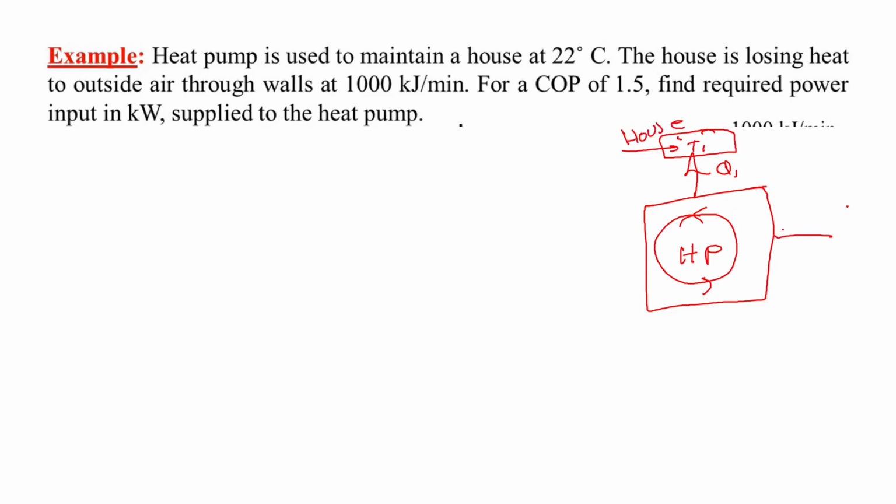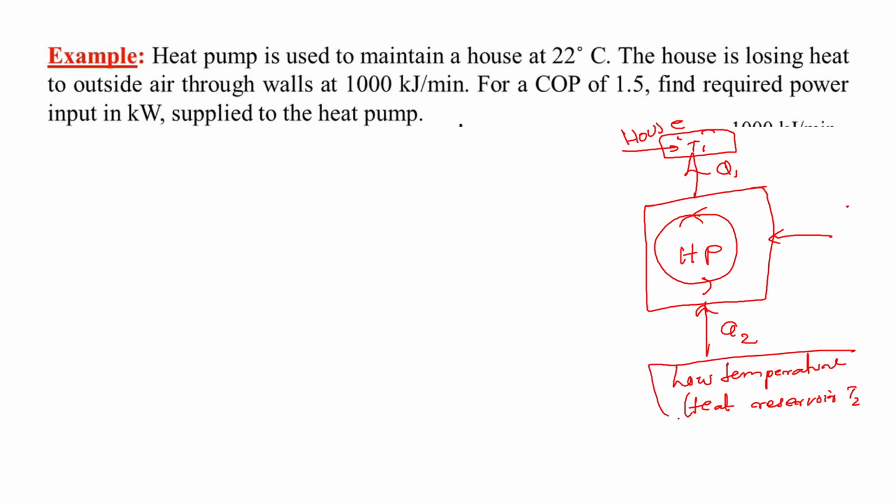Now Q2 will be the low temperature heat reservoir. You can represent it as T2. Okay, then T1 is greater than T2 here. So W is equal to, we can write, Q1 minus Q2.